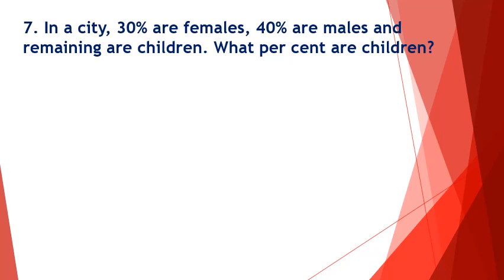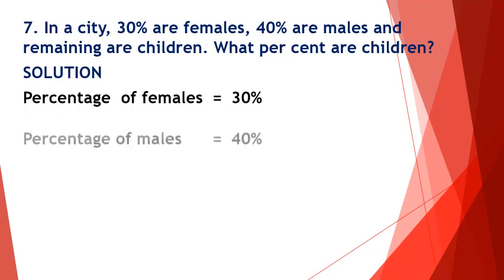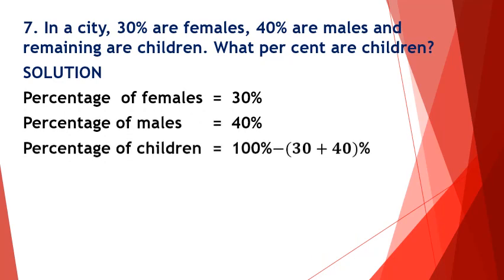Out of that, females and males are given. What is the total of both? We get 70 percentage. So the remaining will be children. So what will be the percentage of children? 100 minus 70 percentage, that is equal to 30 percentage.